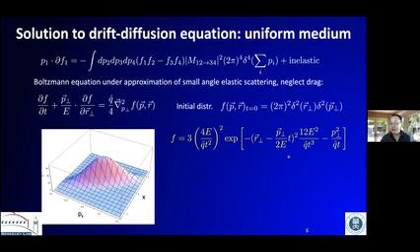And inversely, you can rewrite this in terms of diffusion in momentum space, and then you also have a drift term in momentum. This essentially gives you a correlation between the momentum diffusion and the coordinate propagation.